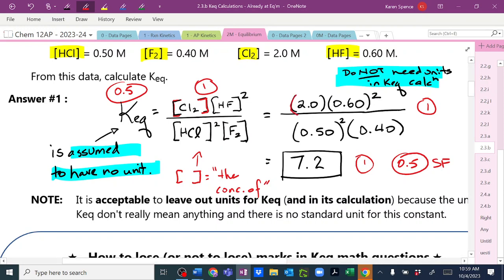Round brackets. Why do we not use square brackets? Because we're not saying the concentration of 2.0s. Does that make sense? Right? Like nobody's measuring the concentration of a 2.0. It's not a particle, so it doesn't have a concentration. It's a number, so you use round brackets. Round.